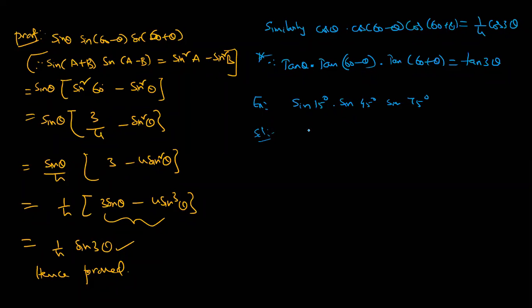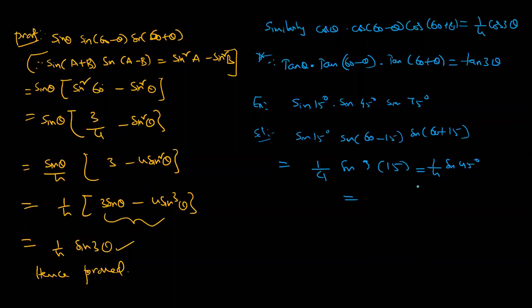So using these values, like that you can use this formula. So here theta is 15 degrees, and I can use 1 by 4 into sine 3 into theta. So how much is that coming? 1 by 4, so that is 1 by 4 root 2, 1 by 4.